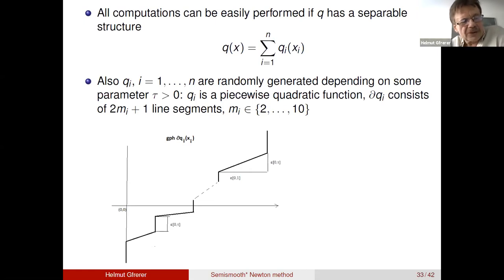Then you also need the solvability of the subproblems. And if you only have metric subregularity, then the solvability of the subproblems is not guaranteed. This is a point where metric regularity comes into play, if you have another condition which ensures the solvability of your subproblems.